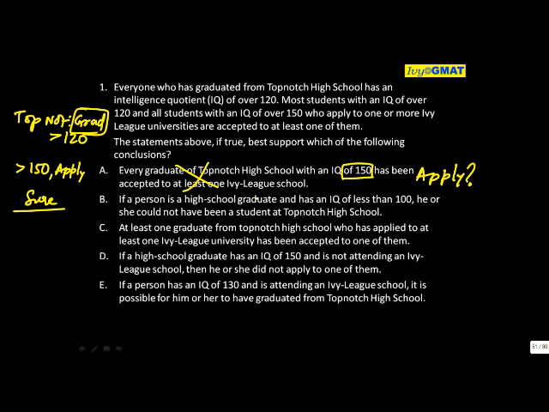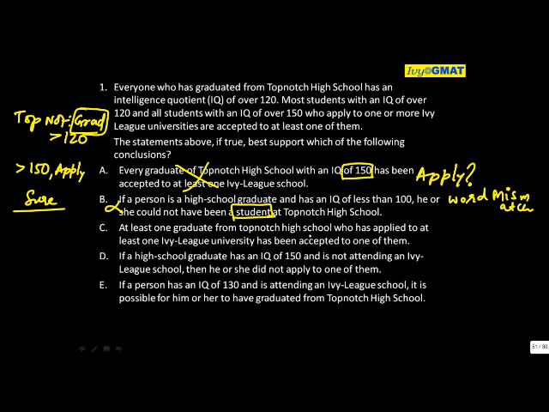And B says he or she could not have been a student. There is a big word mismatch here. Is this clear why? A person could have been a student at top notch, left that school, and graduated from somewhere else. Then his IQ can be lower than 120 also. So that is where the problem is. This word is a big problem, so it is not correct.